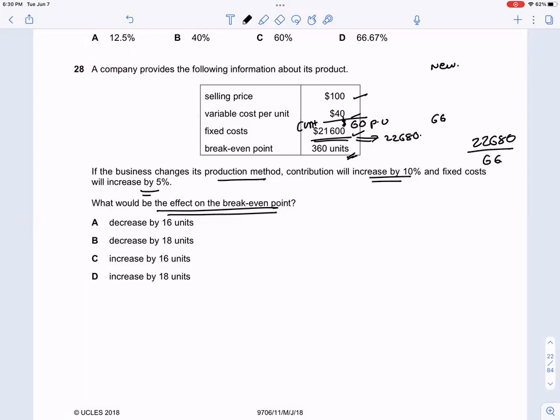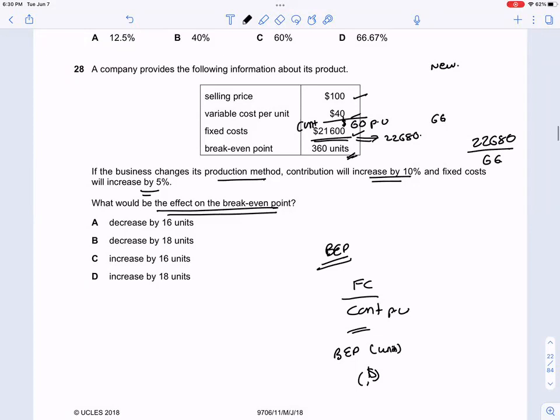Fixed cost upon PV ratio, no? Break-even point, I'm telling you the 6th time now: fixed cost upon contribution per unit will give me my break-even point in units. If I want the break-even point in dollar value, what will I do? I'll do it upon PV ratio. Okay, fine.